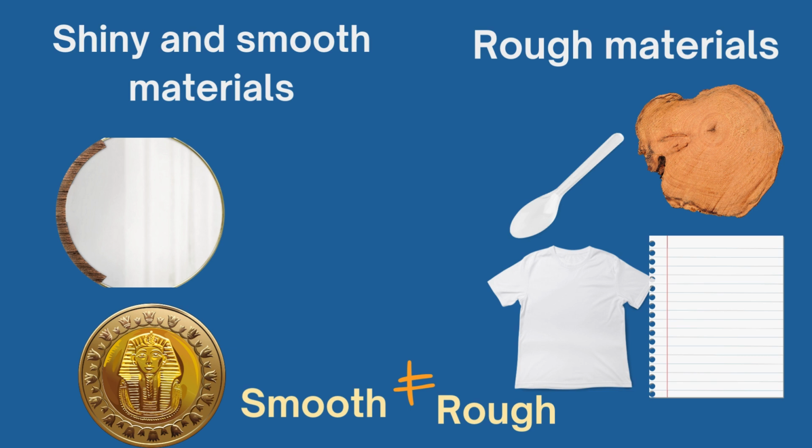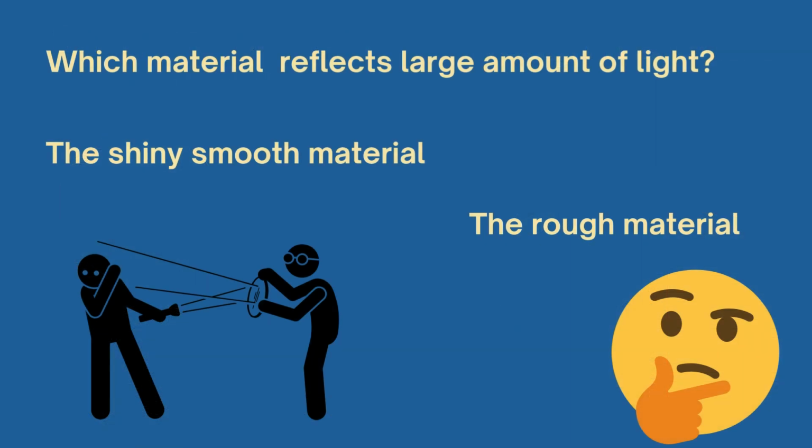Rough materials like plastic spoon, piece of wood, t-shirt, paper, all of these are rough materials, okay? So now we will guess which material will reflect a large amount of light, the shiny smooth material or the rough material. We will think and then we will do the experiment so we will know.